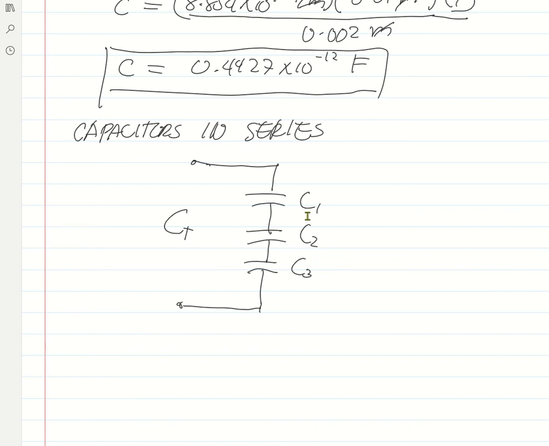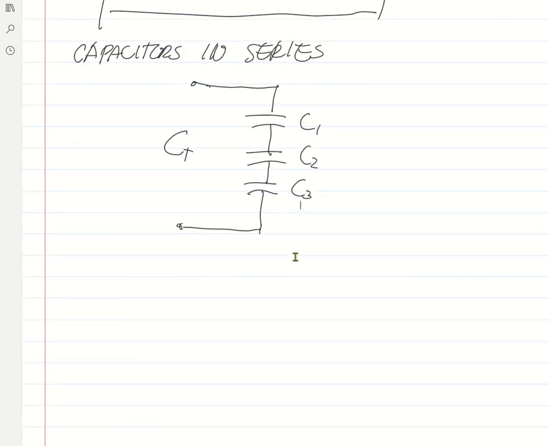To solve this, it's not the sum of the individual capacitance, unlike the resistance, where we just add them all. In capacitors, it's the other way around. We use the formula in parallel in resistors or resistance, here in series for capacitors.